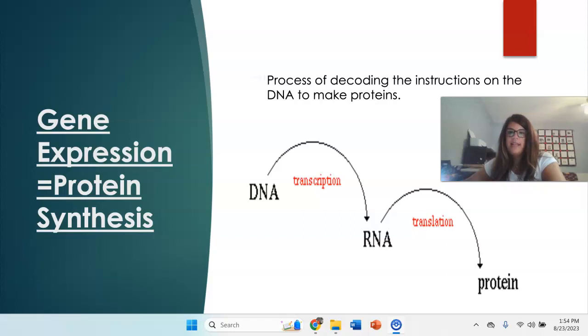And then the second stage is translation, which is going to involve reading the messenger RNA, translating it into amino acids, and then making a chain of amino acids to form the protein. So we're going to go from DNA to RNA, specifically messenger RNA, and then from messenger RNA to amino acids, which will link together to form a protein.